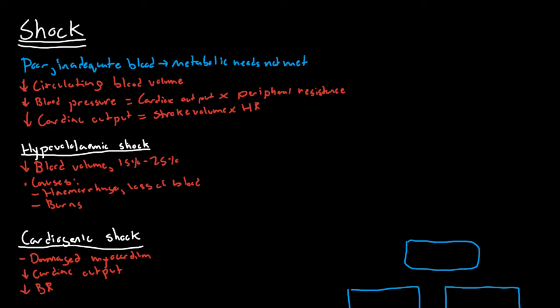So our next type of shock here is septic shock. Septic shock basically takes place during sepsis. And in sepsis, basically what happens is there's an active infection in the bloodstream, and the body reacts to this infection by using its white blood cells.